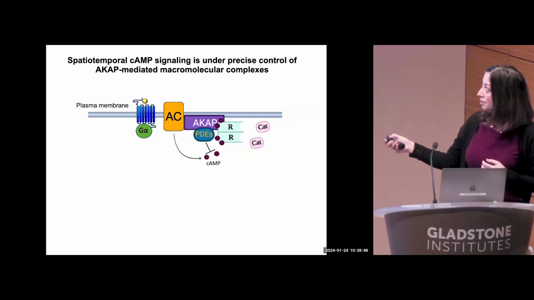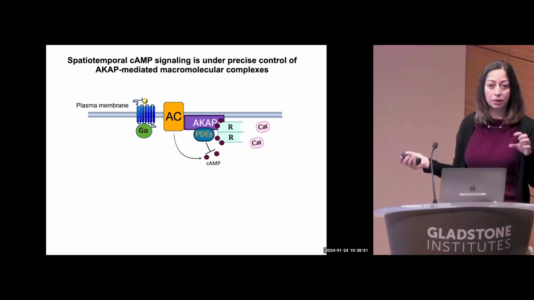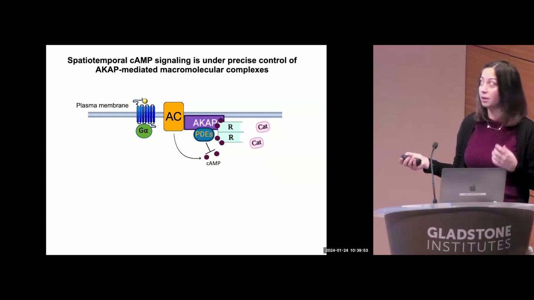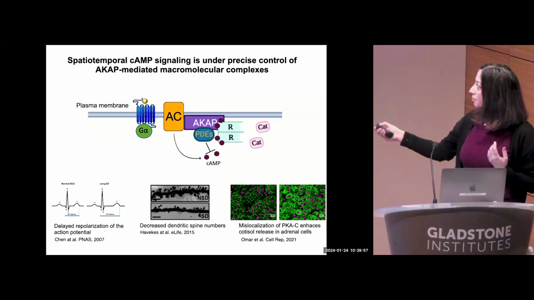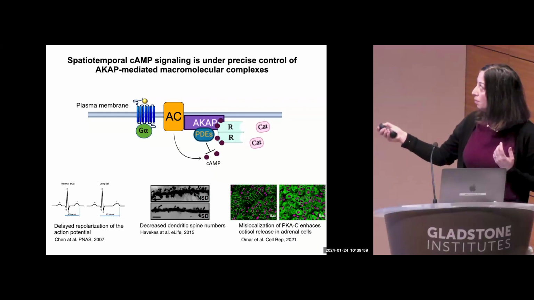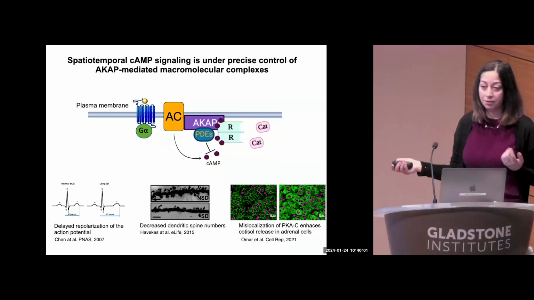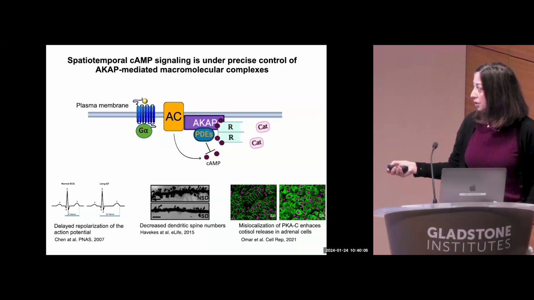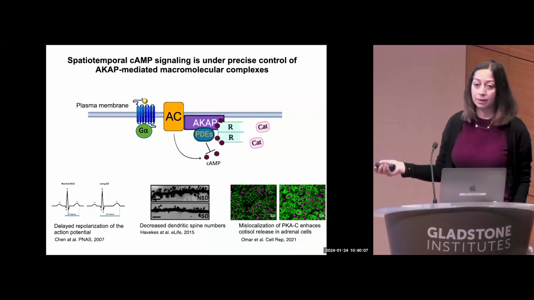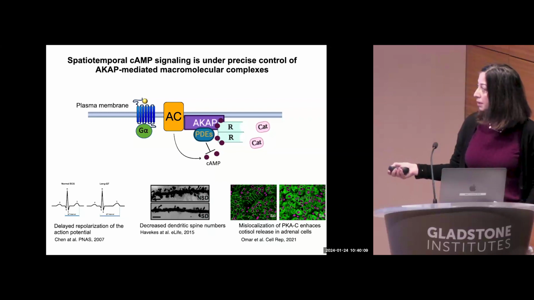GPCR, however, has always been thought to only exist or be functional when they reside on the cell surface. We know that, for example, breaking down this complex can give rise to a number of different diseases, including the delayed repolarization of the action potential, also known as long QT syndrome, which is because of a mutation in one of these AKAP molecules.